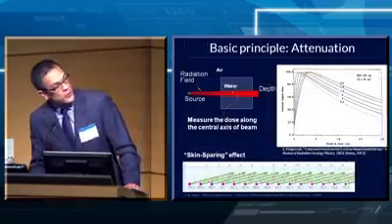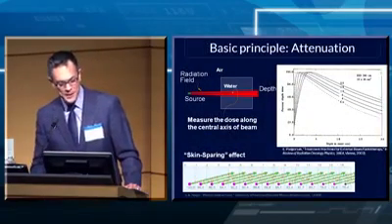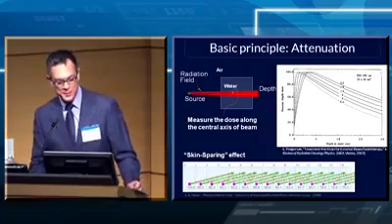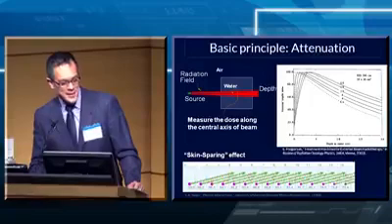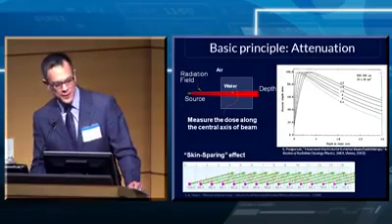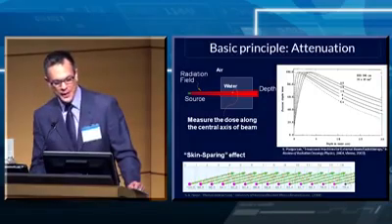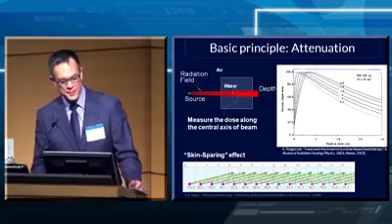So if you are trying to model an electron or a photon beam, there's a couple basic principles. One is the principle of attenuation. If you have a point source of radiation and a water tank and you're measuring along the beam, you get a depth dose distribution that looks something like this, where the dose initially builds up to a maximum and then it drops off exponentially.